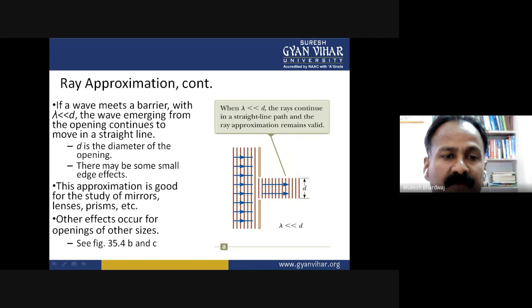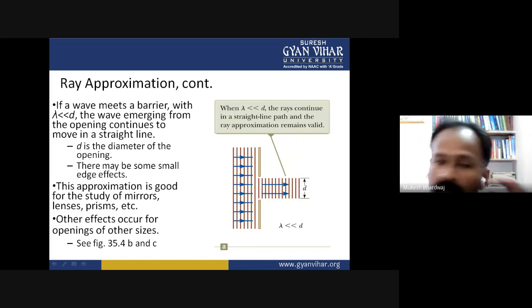As you see in the figure, when lambda is very much less than d, the rays continue in a straight line path and the ray approximation remains valid. There may be some small edge effects. This approximation is good for the study of mirrors, lenses, prisms, etc. Other effects occur for openings of other sizes.